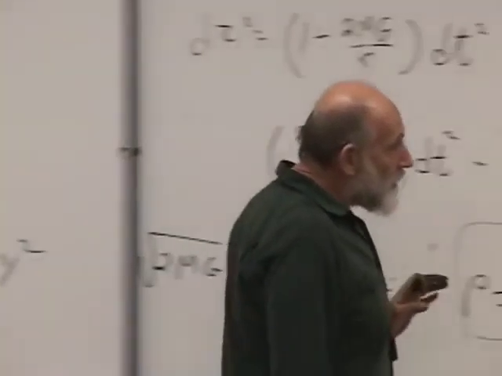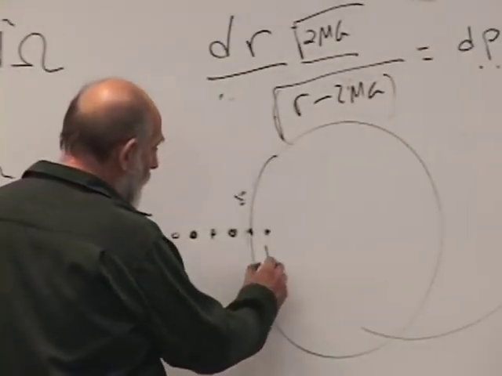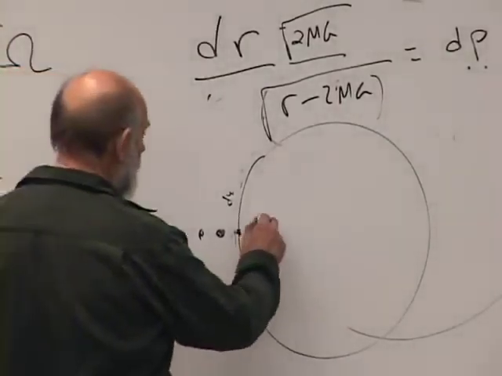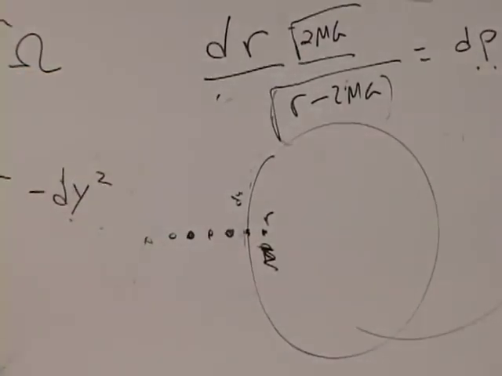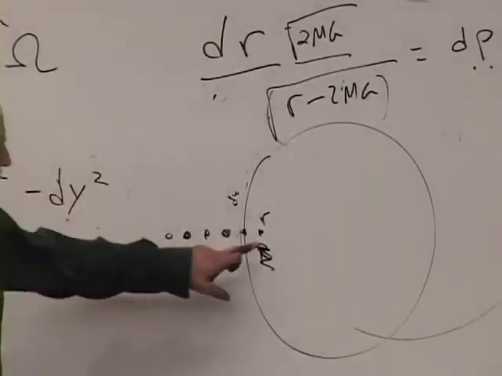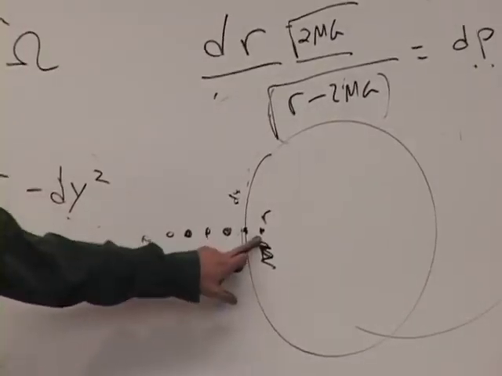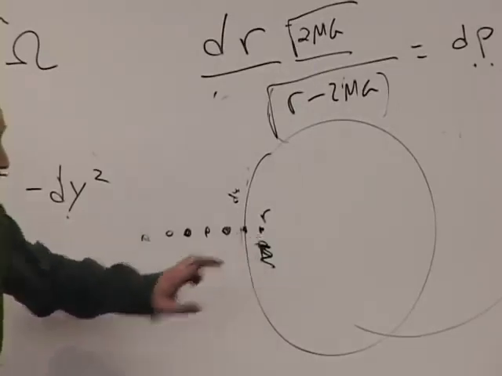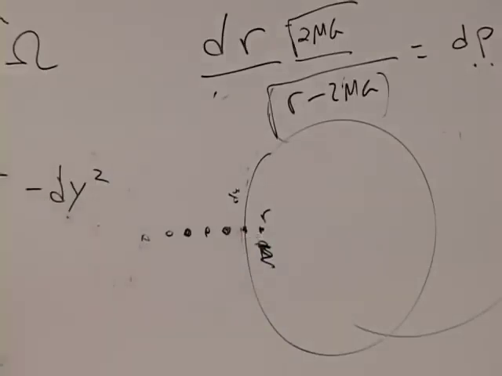Anything that's standing still means at a fixed little r. You can't move along one of those coordinates the way you were able to move along these coordinates, because those coordinates are space-like. If you tried to make something at a fixed r here, it would be exceeding the speed of light. Something at a fixed r behind the horizon is exceeding the speed of light.